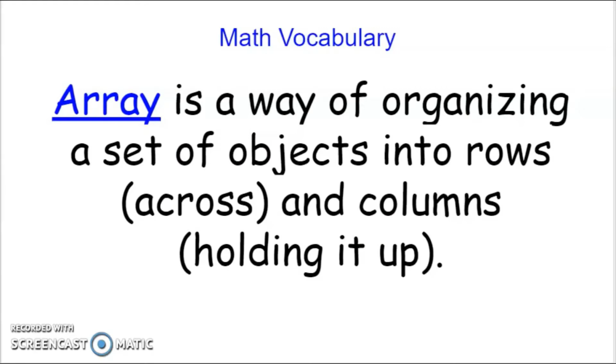Array is a way of organizing a set of objects into rows, which goes across, and columns, which is going up and down. Now, remember, a special note about arrays is that arrays must be perfect squares or perfect rectangles made of rows and columns. The key word is a square or a rectangle. So it is not an array if it is not a perfect square or rectangle.